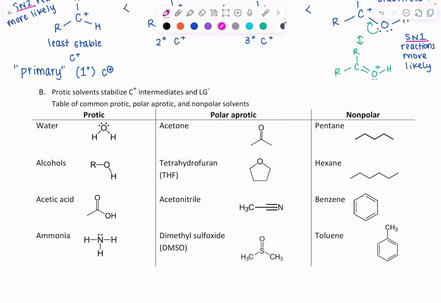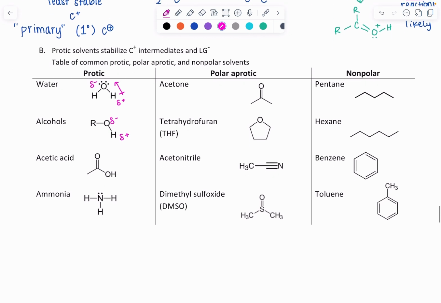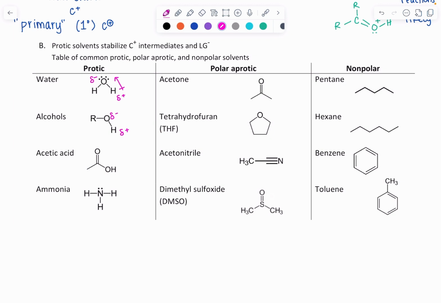If you look at what's similar across all of them, the hydrogens in each of these protic solvents are bonded to an electronegative atom. So each of these solvent molecules has polar bonds, resulting in partial positive and partial negative. And we could do that for the rest of these, where you have partial negative electronegative atoms and partial positive hydrogen. These types of solvents are best for stabilizing charged species.